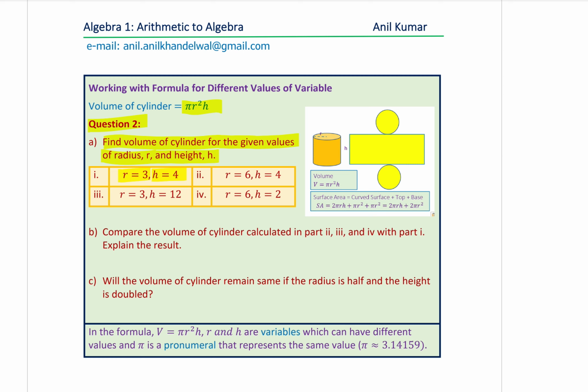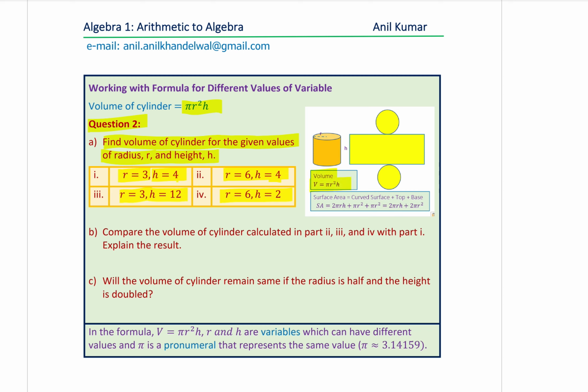Part 2 is where the radius is doubled. Instead of 3, we have given 6 as the radius, height remaining the same. In the third part, radius again remains the same. However, height is 3 times. Instead of 4, it is 12. And in the fourth case, the radius is doubled, but height is half. Instead of 4, it is 2.